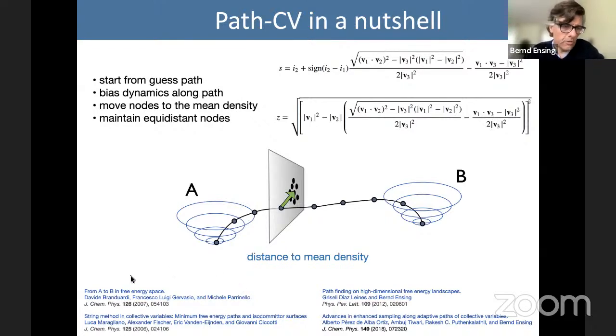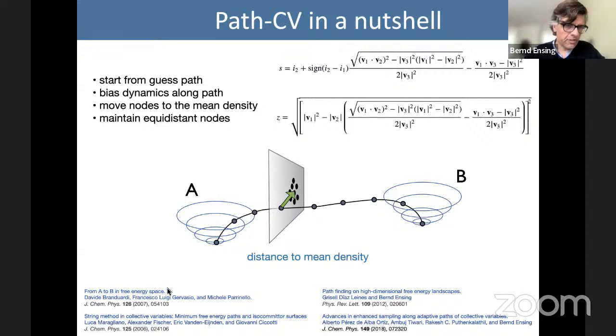It builds on previous work of many people, including Erik van den Einde, of course, who has worked a lot on these sort of methods, the so-called string methods. At the same time, another method called nudged elastic band has been developed, but usually not to be used with molecular dynamics, but more as an optimization strategy in ab initio methods, right, in quantum chemistry methods.